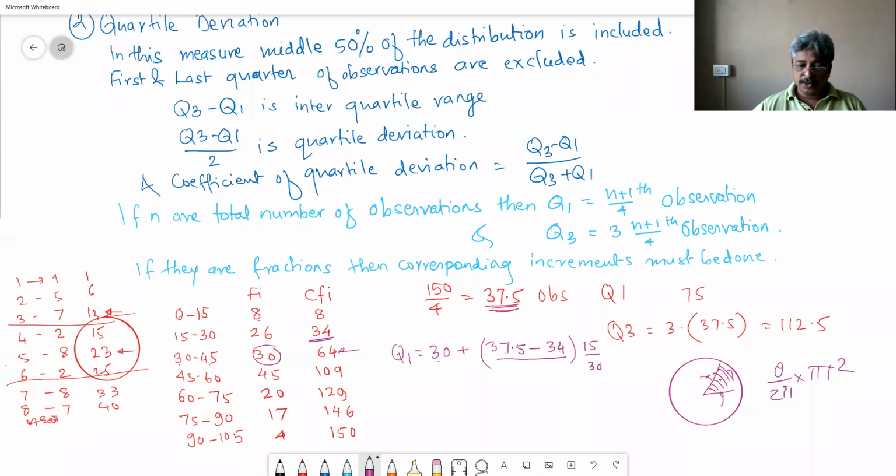Therefore 37.5 minus 34 into 15 upon 30. Do you see, does it make sense?